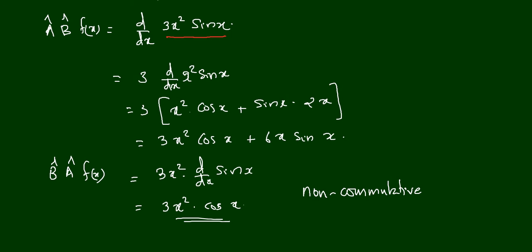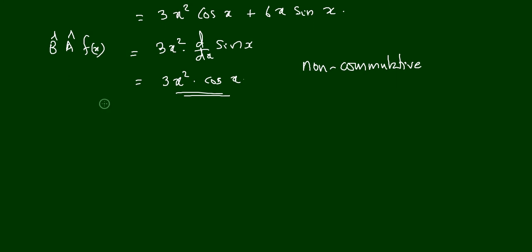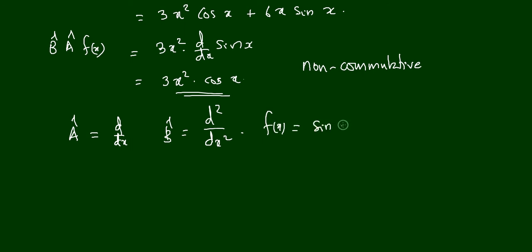Now we can check another example. Let us consider A equal to d/dx, and B equal to d²/dx². So these are the two operators, and the function f(x), in this case also, is sin x.